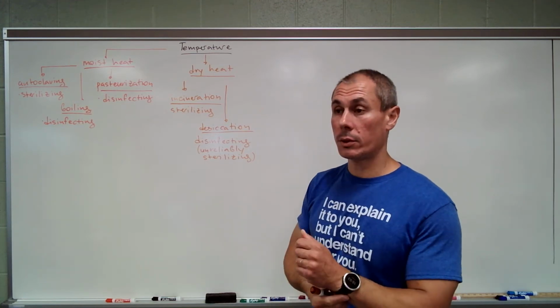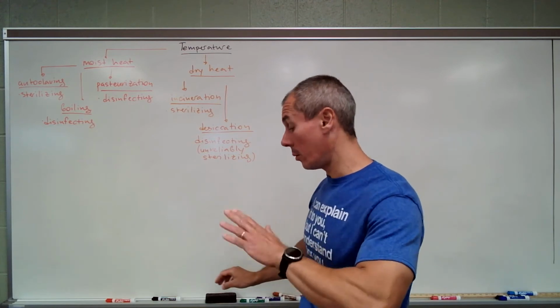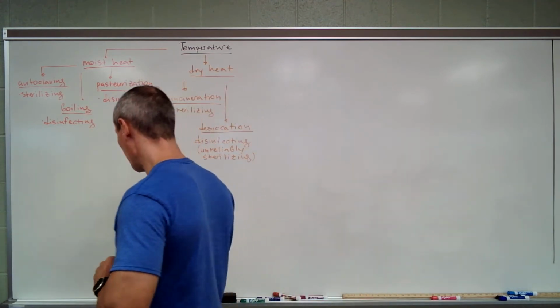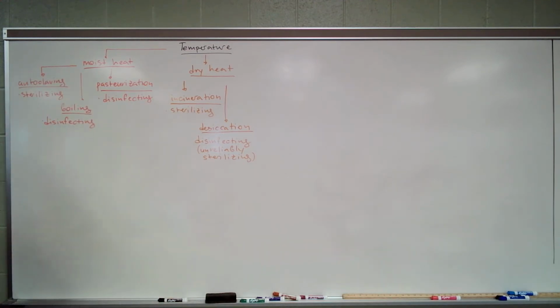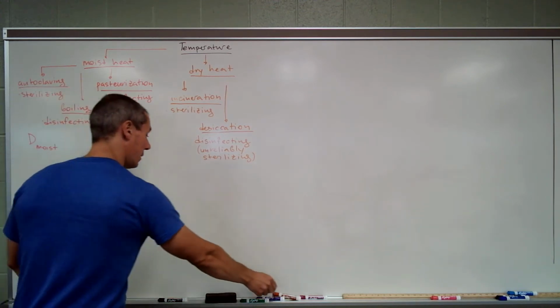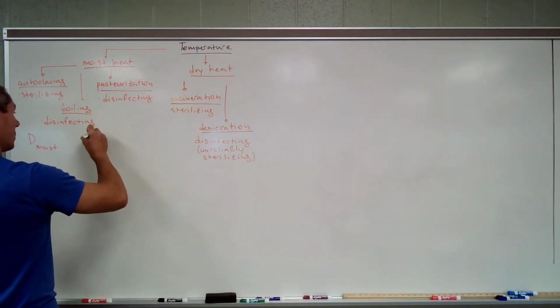Now, let's compare moist heat and dry heat. So I'm going to use our newly learned parameter, decimal reduction time, okay? So D-value. So D-value for moist heat versus D-value for the dry heat.